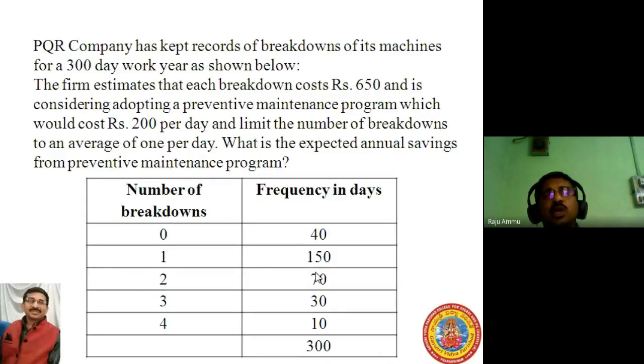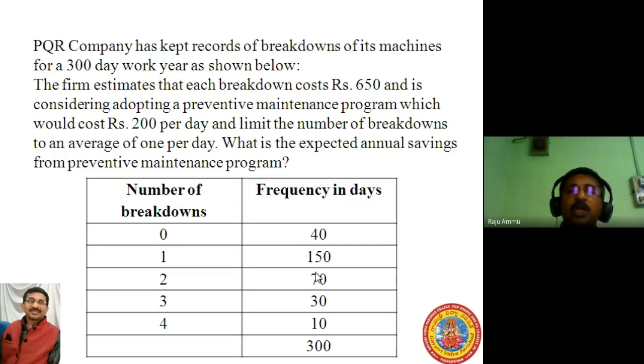The cost per breakdown is rupees 650, and the firm is considering adopting a preventive maintenance program, which would cost rupees 200 per day and limit the number of breakdowns to an average of 1 per day.